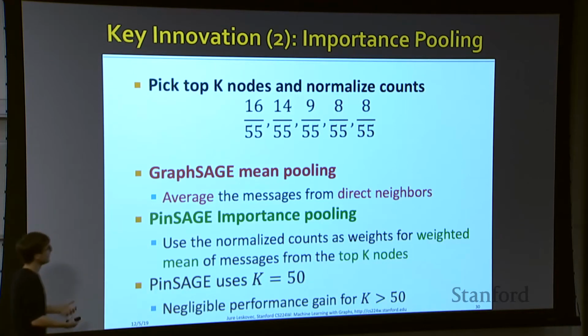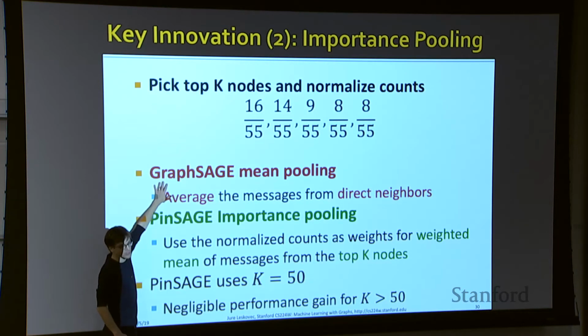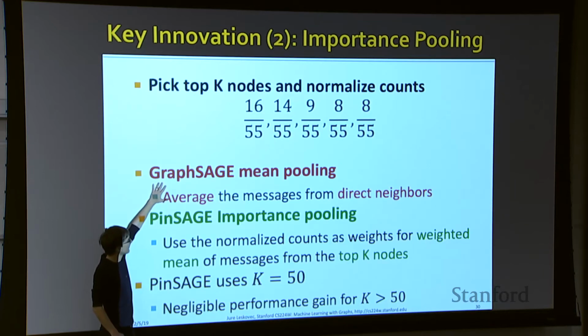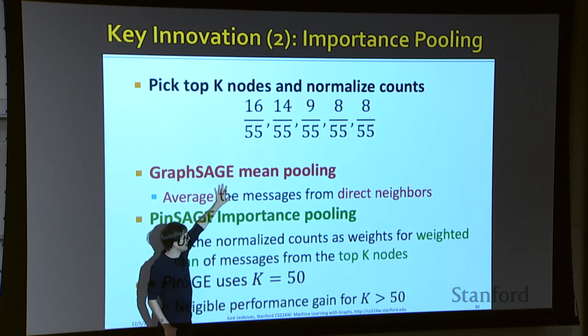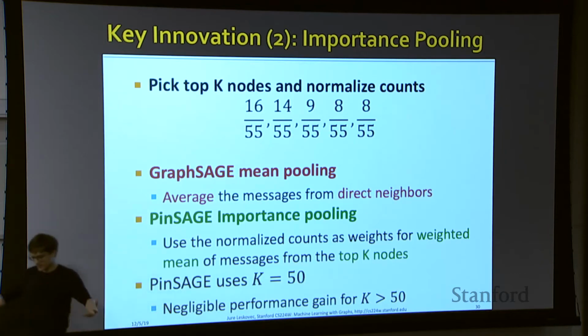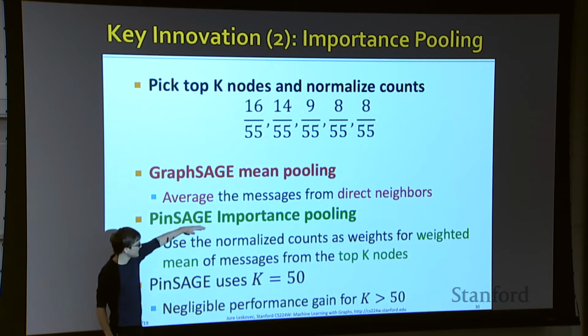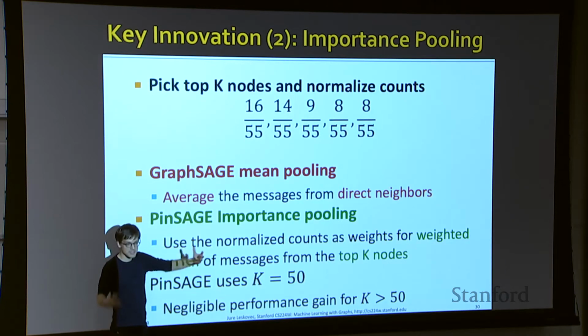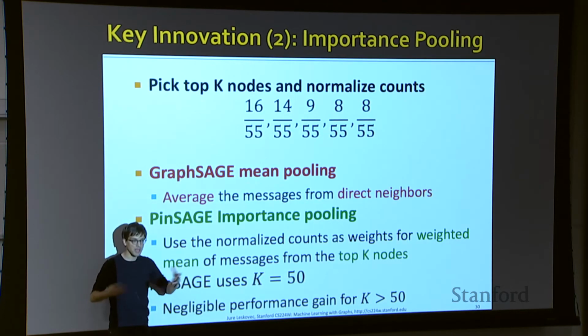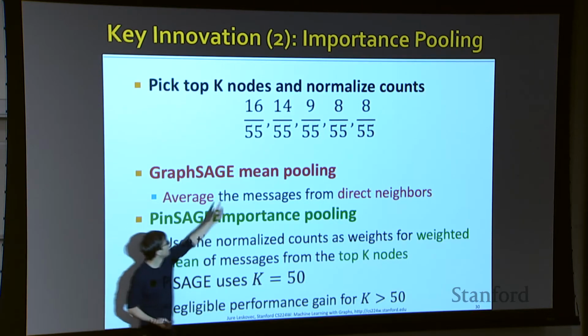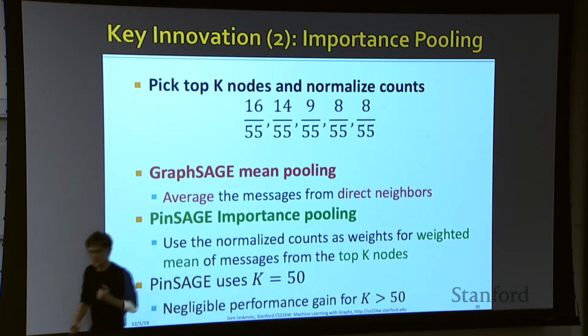So in the graph stage, when we talked about convolutional graph neural networks, we used mean pooling, where the idea was you just sum up the information from your neighbors. In pin stage, we will only sum the information from the top k highest PageRank score neighbors, and when we sum it up, we will also weight according to these visit counts.